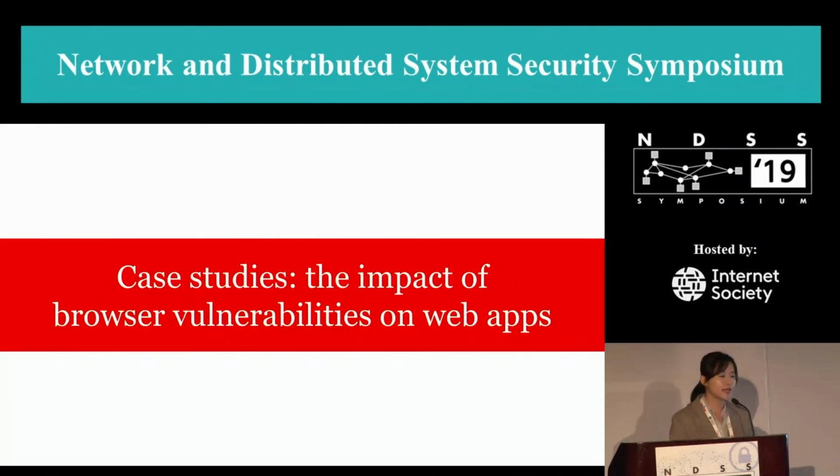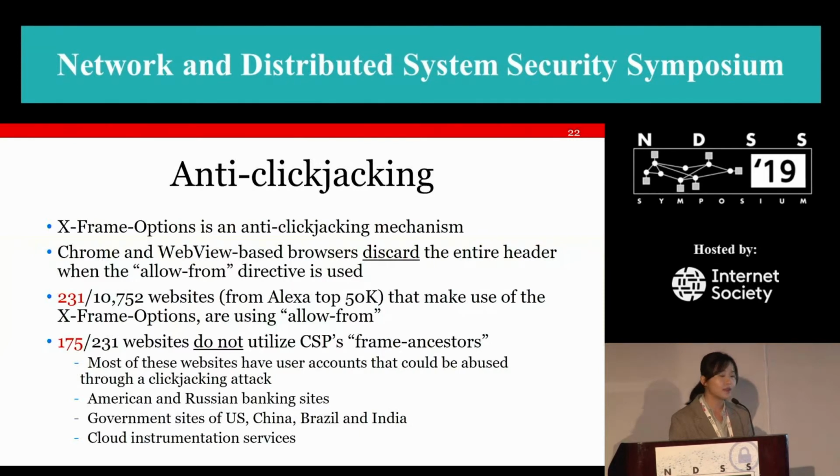Let's talk about two case studies with regard to the impact of browser vulnerabilities on web apps. The X-Frame-Options header is an established security header for preventing the clickjacking attack. However, Chrome and WebView-based browsers discard the entire header when the allow-from value is used.